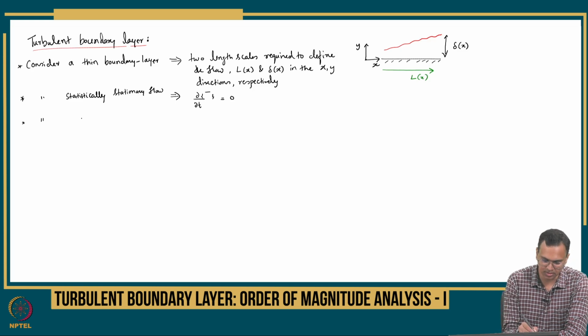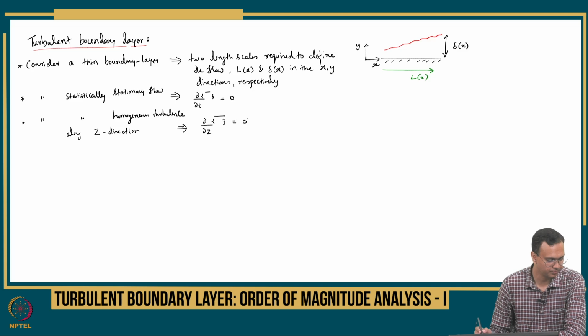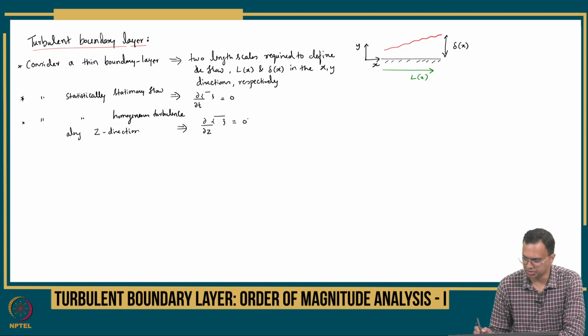So I am considering statistically homogeneous turbulence along the z direction. This implies dou by dou z of any statistical quantity is 0. So I have this condition.